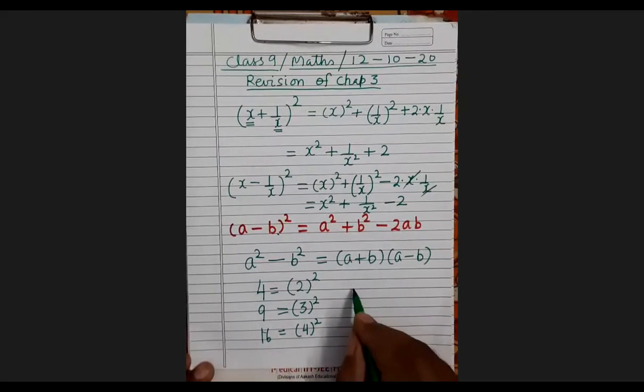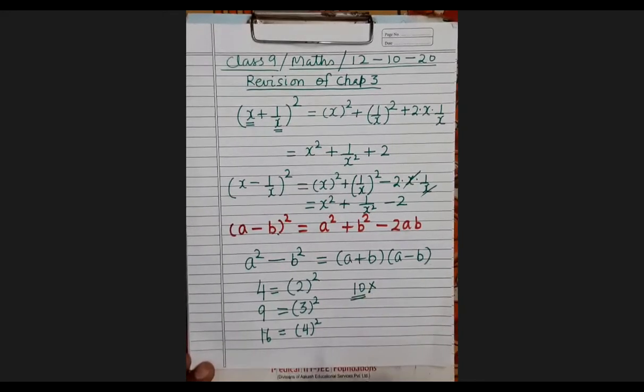Is it possible to write 10 in the perfect square form? No. We cannot write 10 in the perfect square form. We cannot write 15 in the perfect square form. It's clear? We cannot write 12 in the perfect square form.